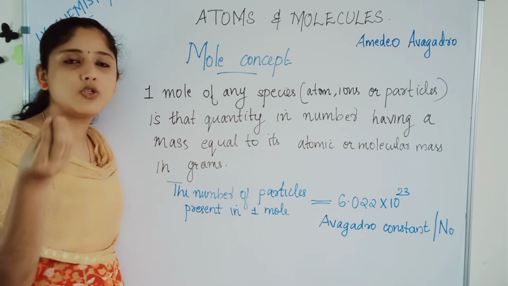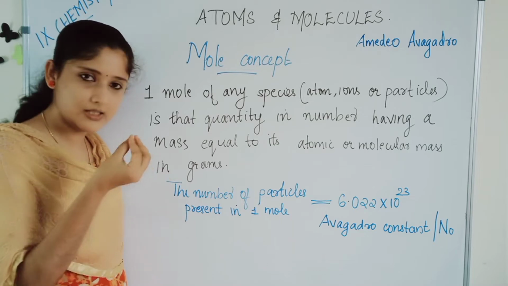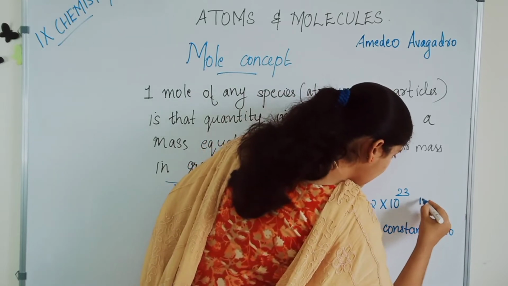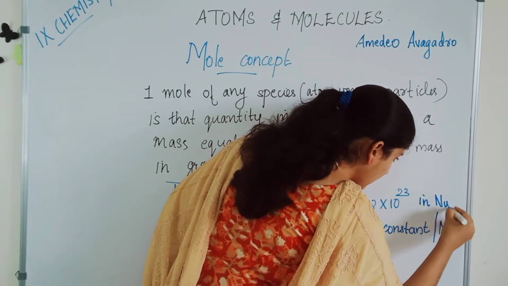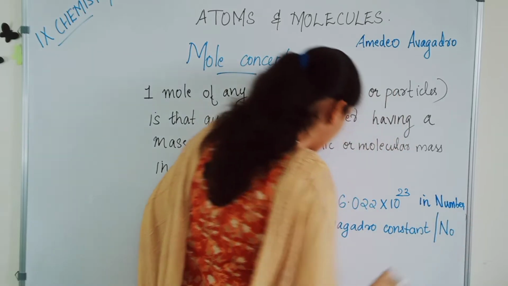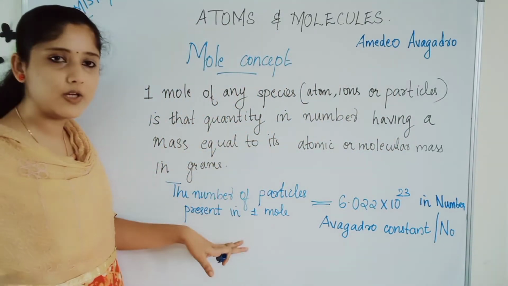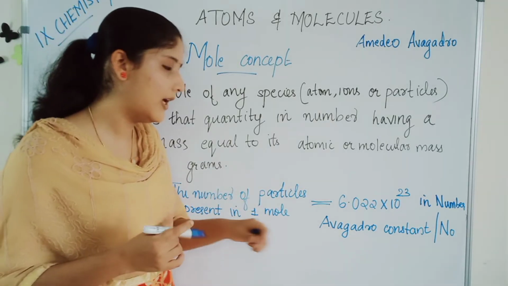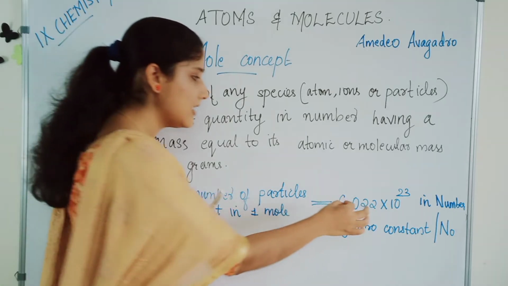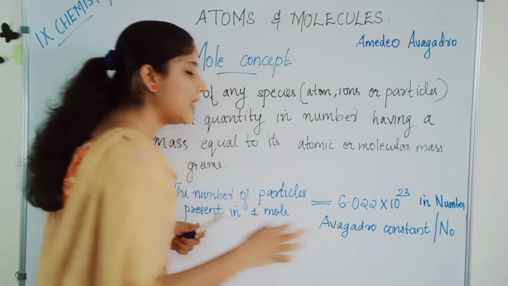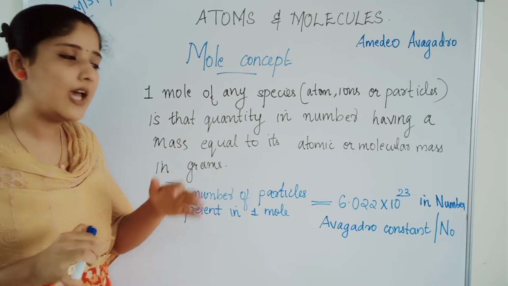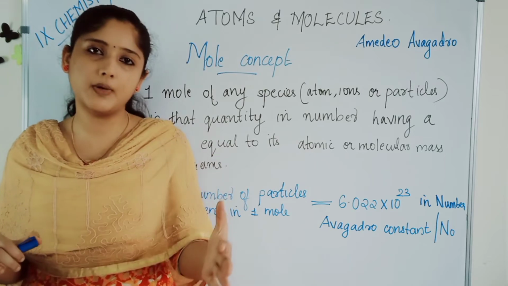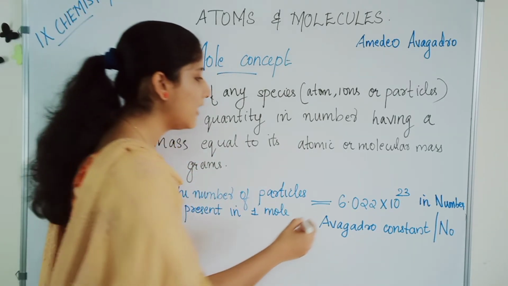This 6.022 into 10 raised to 23 is called the Avogadro constant or Avogadro number.